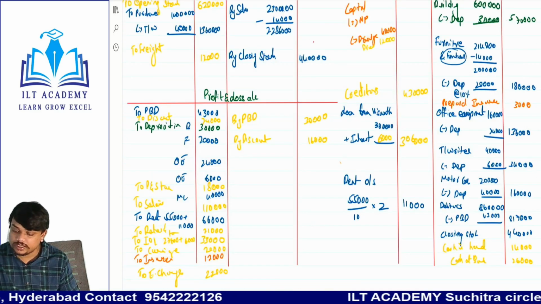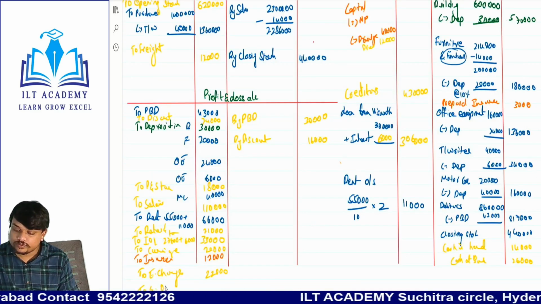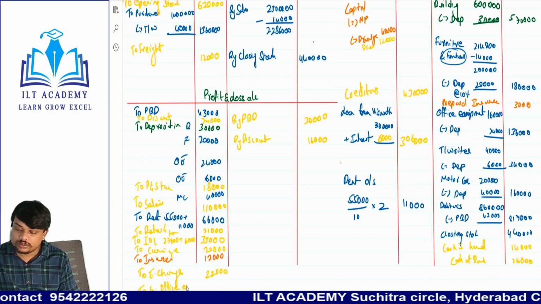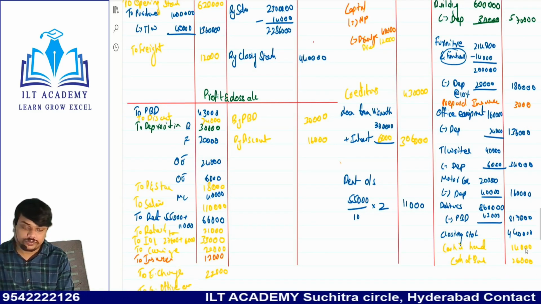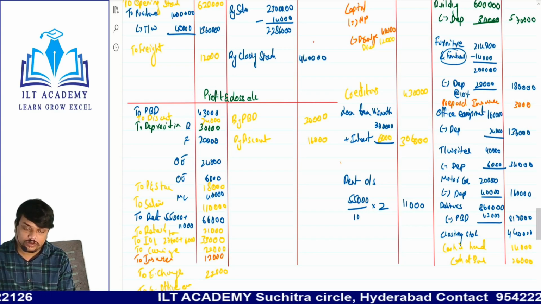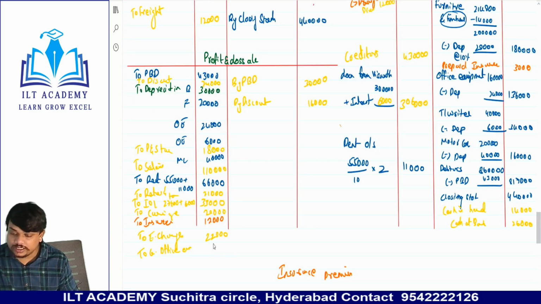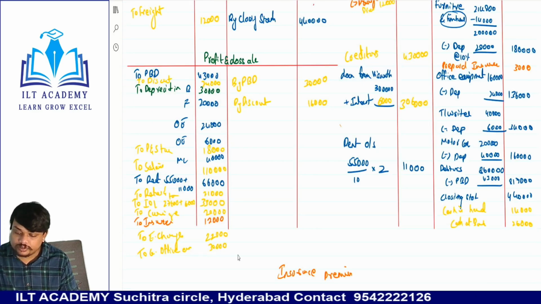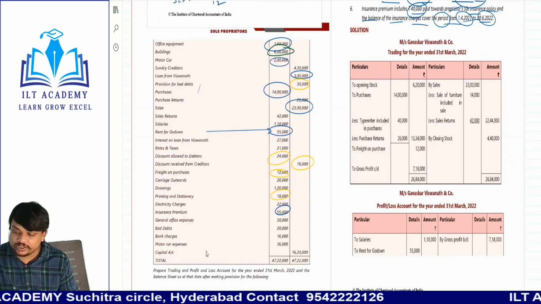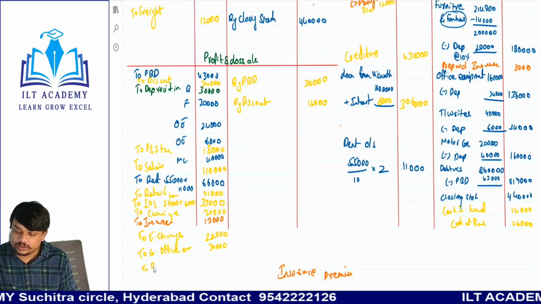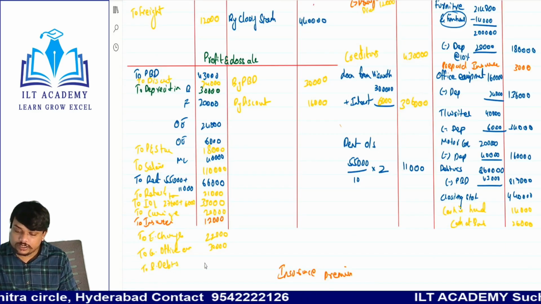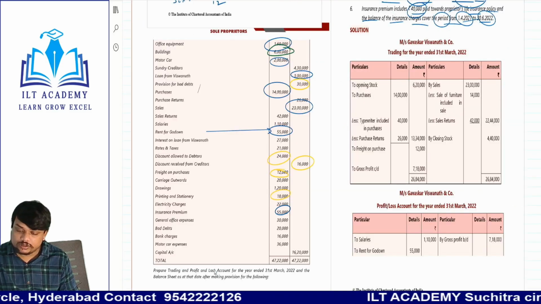General office expenses to be 30,000. And we are having bad debts 20,000.